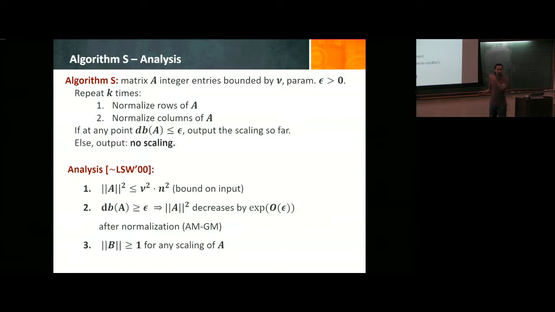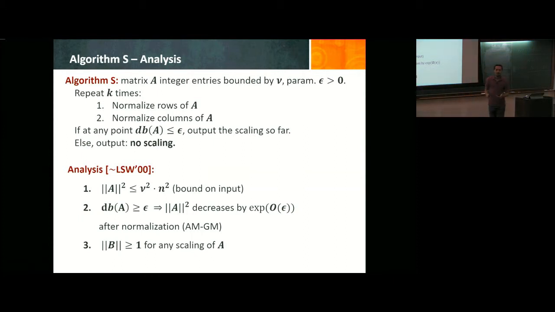And then we proved in the previous slide that if my A is integer and it has a matching, then the norm of B, of any scaling of A, is always greater than or equal to 1. So if I keep decreasing my norm, either I must get below 1, in which case this must fail at some point.